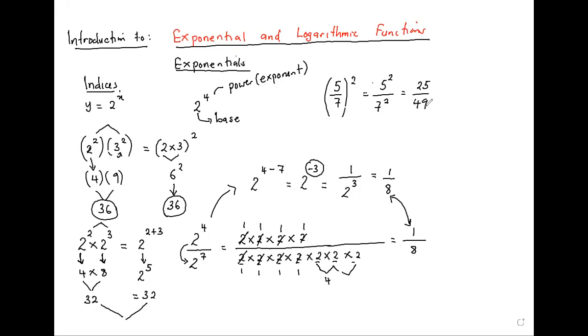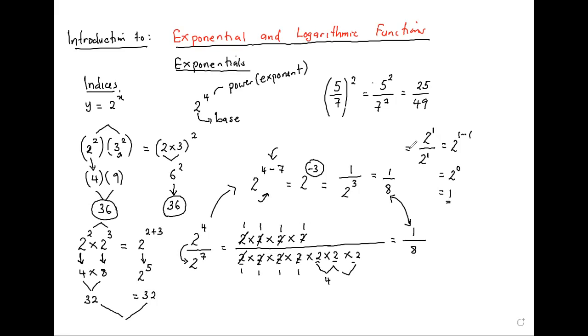So we can do so much here. If I have 2 to the power 1 over 2 to the power 1, using this property here, we can write this as 2 to the power 1 minus 1. That is going to be 2 to the power 0. Then it means 2 to the power 0 is 1.